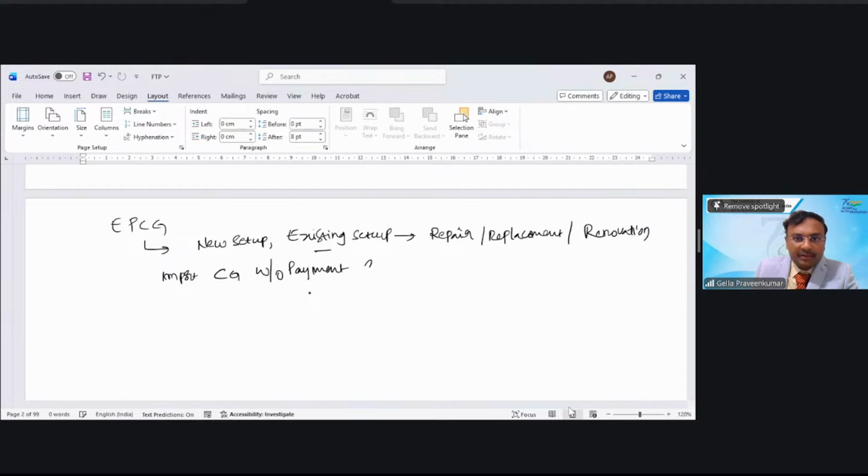I can import capital goods without payment of duty.